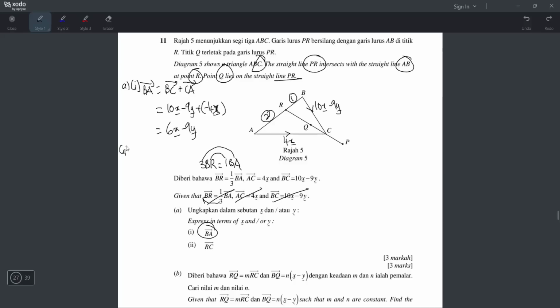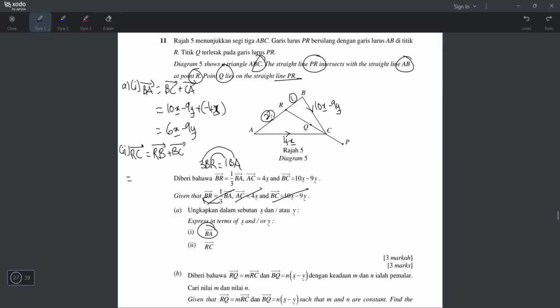Done. Second question, find RC. Let's look at the diagram. How does RC go? I think you can go R, B, then C: RB plus BC. For BC we already have it, but RB we have to find ourselves. It's easy to find RB because RB is a part of AB.